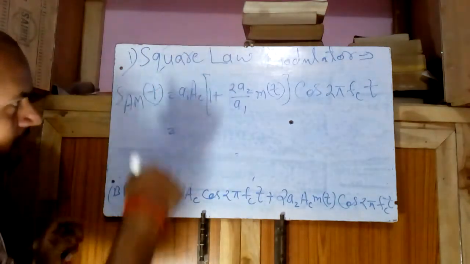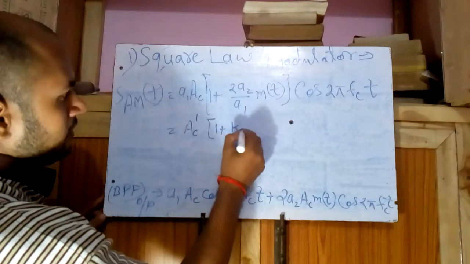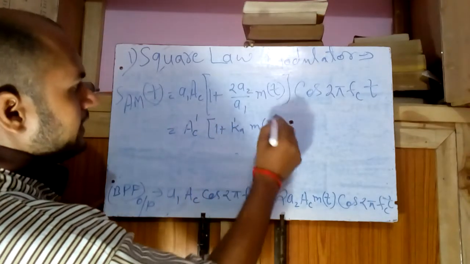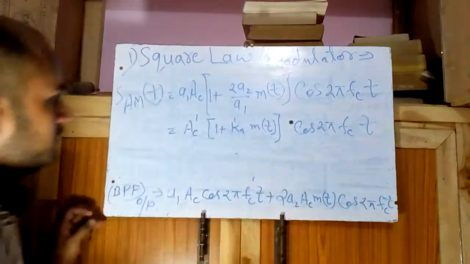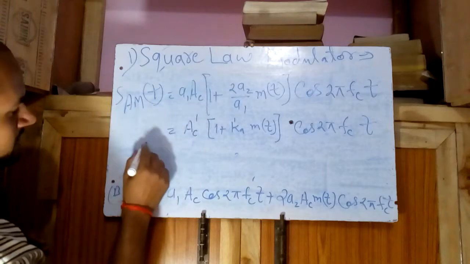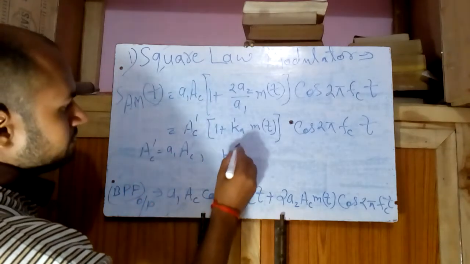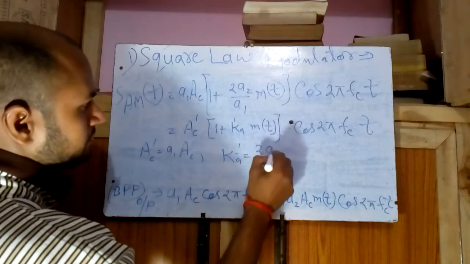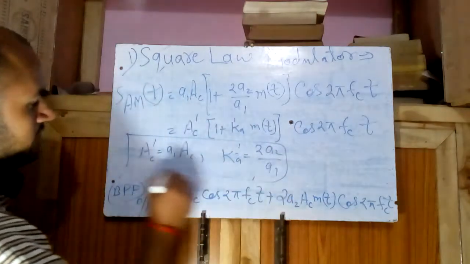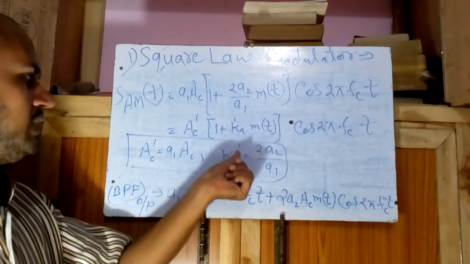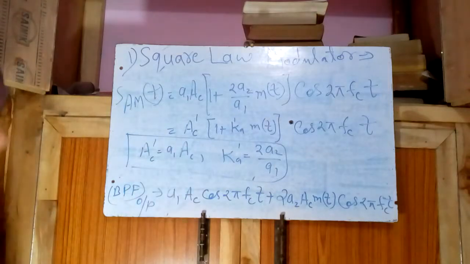So comparing from general expression as AC dash 1 plus KA MT, KA dash MT cos 2 pi FCT, AC dash is A1 AC and KA dash is 2A2 by A1. So these are formulas which can be used directly in problems, in question solving, right?